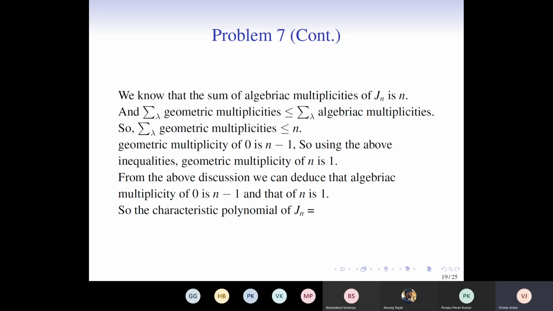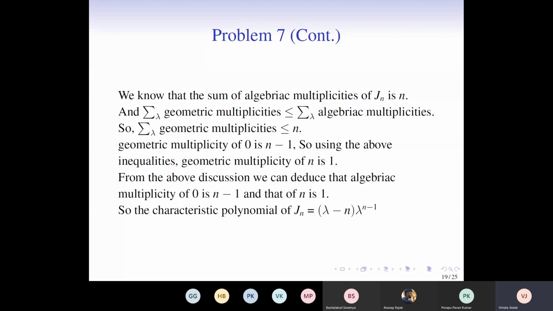One part of the question also asked us to find the characteristic polynomial of Jn. The characteristic polynomial can now simply be found as lambda minus n into lambda raised to the power n minus 1, because eigenvalue n has an algebraic multiplicity of 1 and 0 has an algebraic multiplicity of n minus 1. How are we making these statements about algebraic multiplicity when we had proved them about geometric multiplicity?